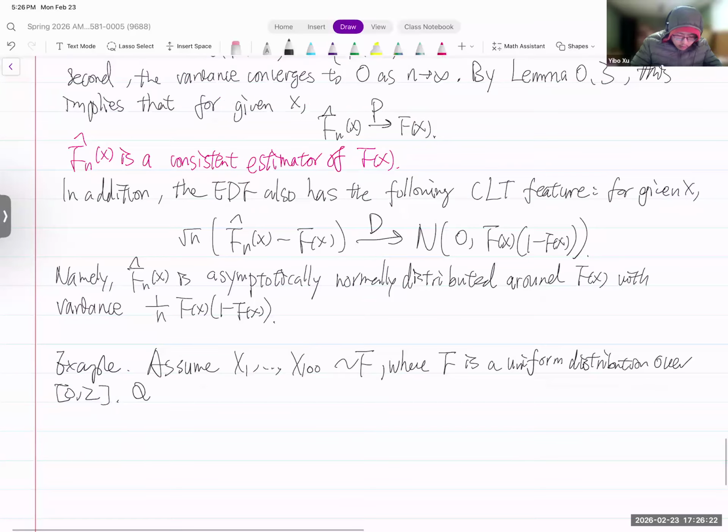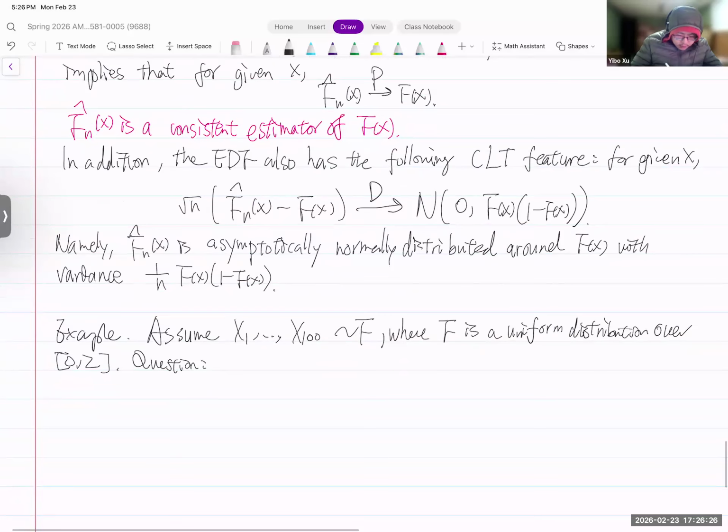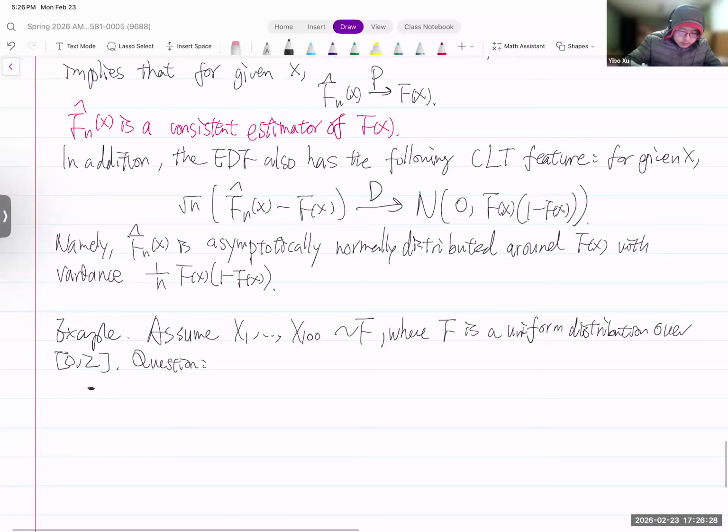Okay, here are our questions. Firstly, let me draw a small line to indicate the item.